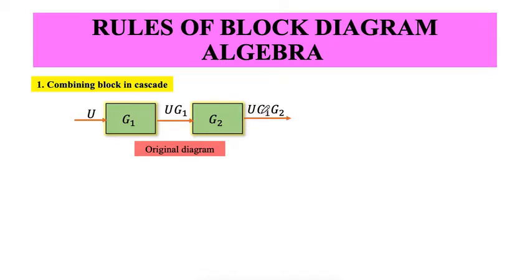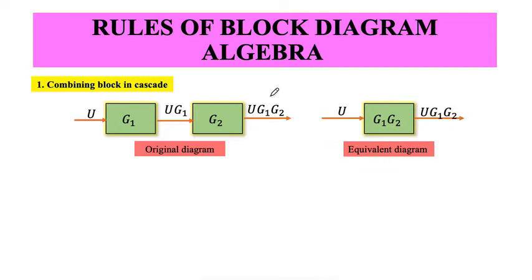The output y is simply u g1 g2, or the transfer function is just g1 into g2. This we learned in our last lecture, and this is a very straightforward proof. So this is one of the basic building blocks which we will use.